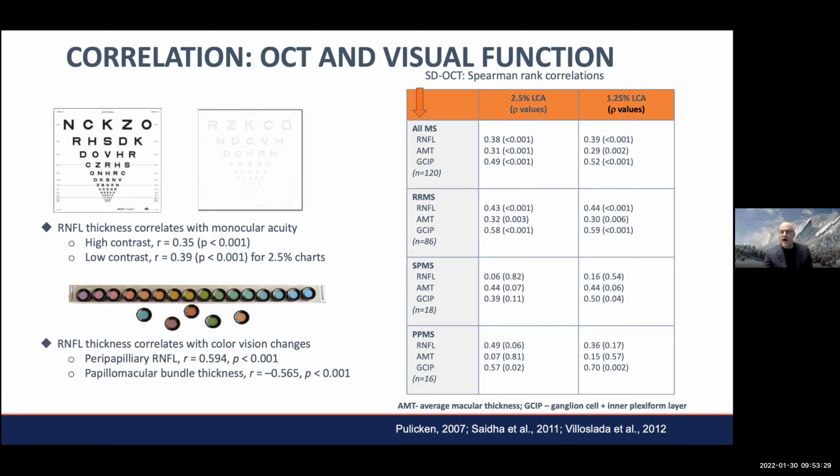As shown on the right, low contrast vision loss correlated with ganglion cell inner plexiform thickness the greatest when it came to optical coherence tomography measures, showing us that in essence, what we're observing with retinal nerve fiber layer atrophy and ganglion cell inner plexiform loss ultimately correlates with visual function, at least explaining about 25% to about 50% of the variance.